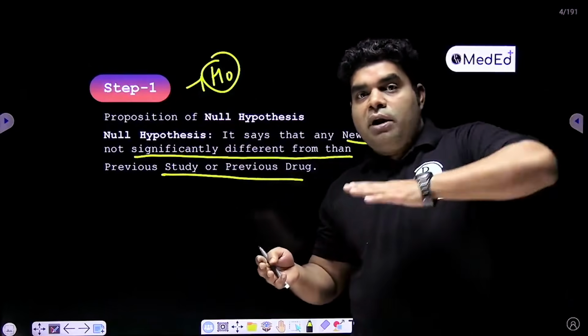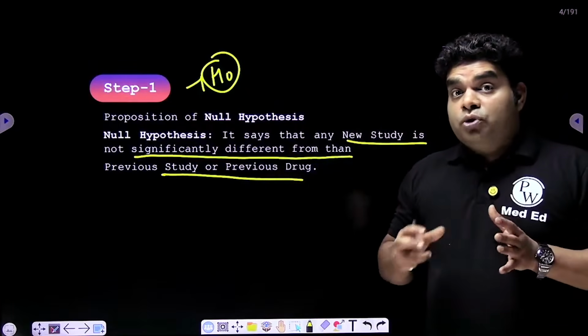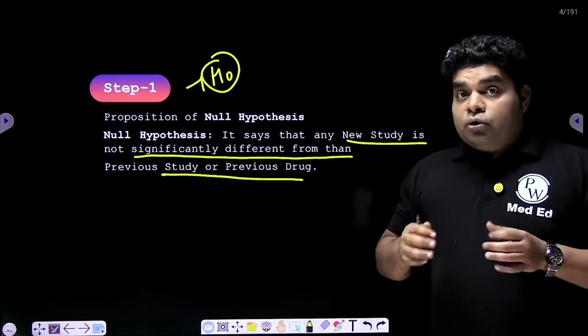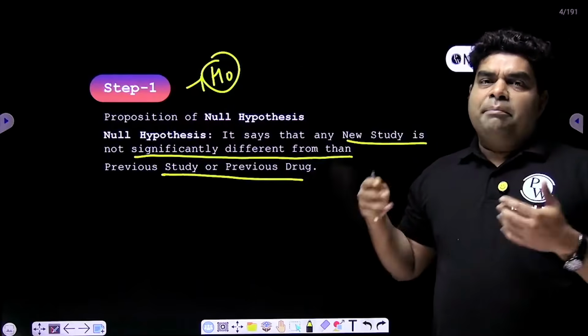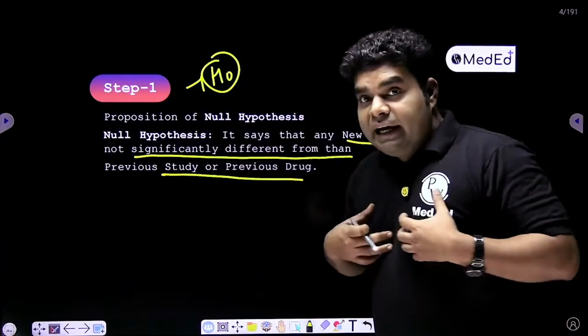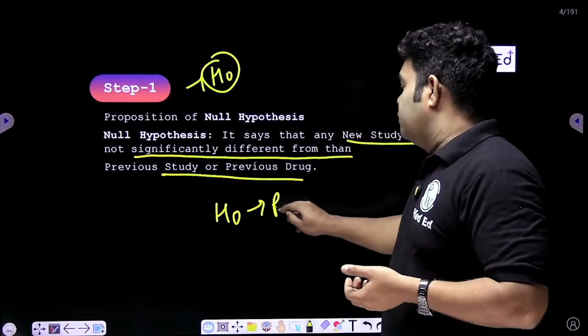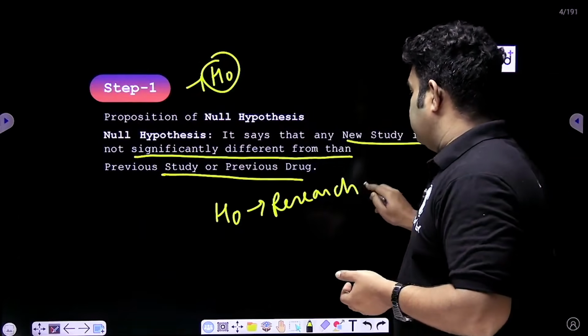And now you have found a better drug. So in the beginning, if you say that my drug is better, it means you are already starting with a bias. So in the beginning, you will say my drug is same as previous drug, not significant. So basically, scientists give null hypothesis, but usually all the researchers want to reject null hypothesis.